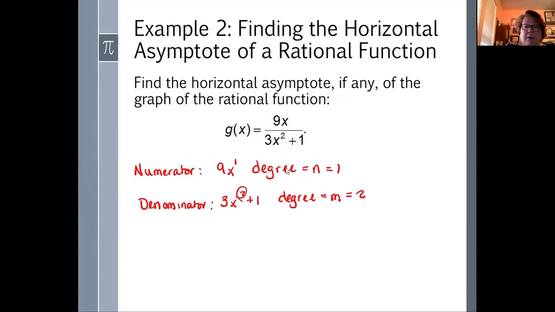So if the degree of my denominator is larger than the degree of my numerator, which it is, 2 is larger than the number 1, then we have a horizontal asymptote that is the x-axis, or y equals 0.